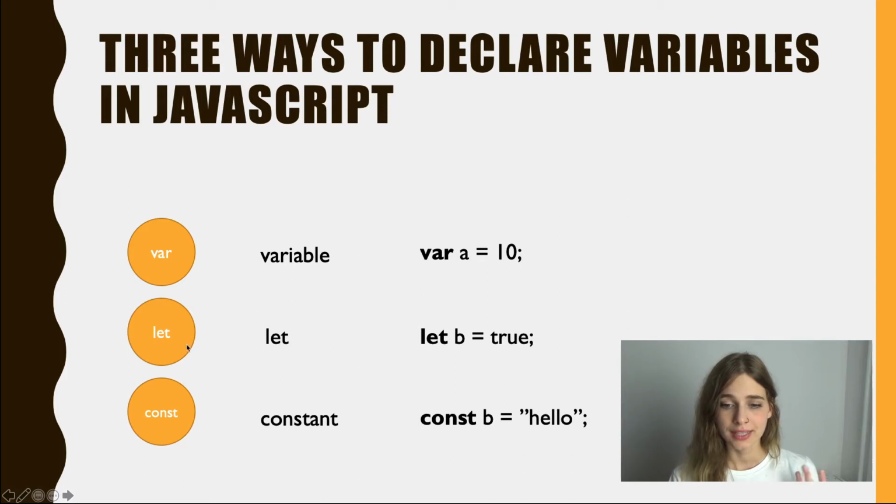Let stands for let, and I will paste the link underneath the tutorial if you are interested in the history of why let and not any other word. And const stands for constant, because that variable doesn't vary a lot. It's pretty constant, so it doesn't change. More on the topic later on.